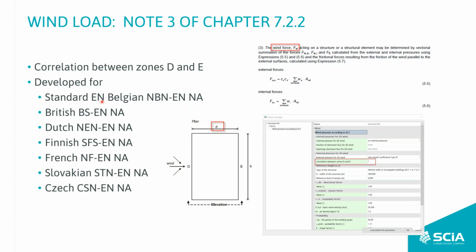It's valid for the standard, Belgian, British, Dutch, Finnish, French, Slovak, and Czech. So if you are designing the structure in one of these countries, you can use this capability to consider the correlation between these two zones.